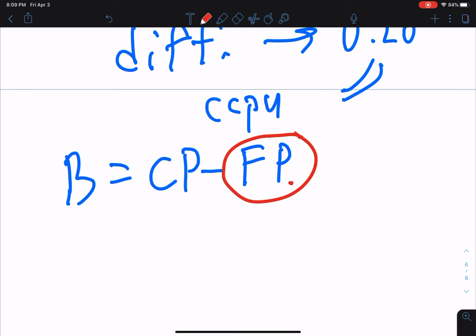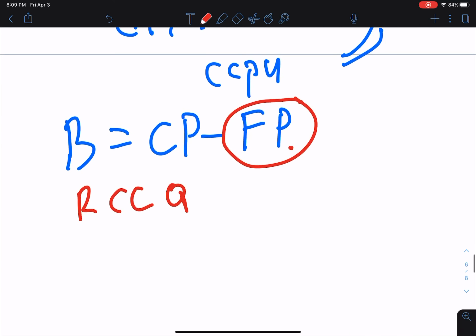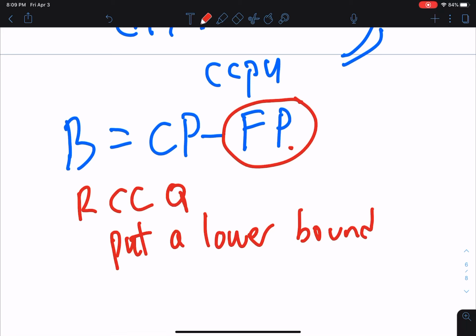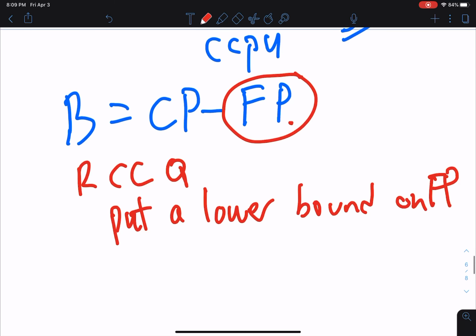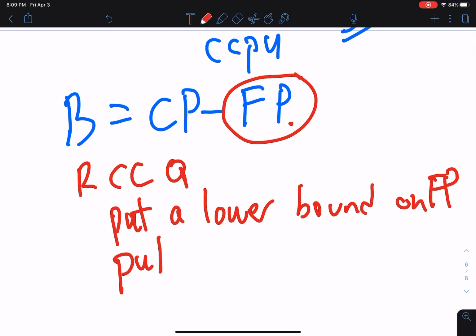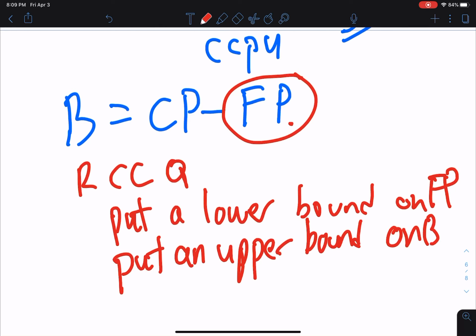But if we could do them all the time, unimpeded, then the reverse cash and carry quasi-arbitrage trades would put a lower bound on the futures price, and therefore it would put an upper bound on the basis.